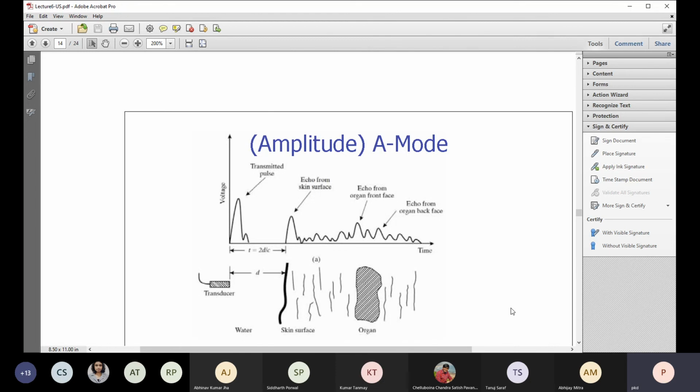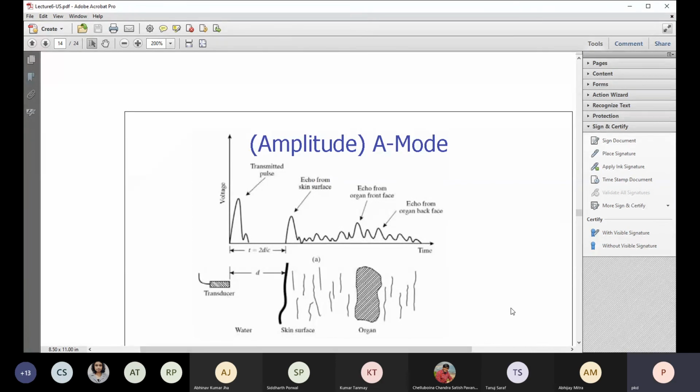Now there are several ways imaging can be made. The simplest kind is that we put a transducer at a particular position, launch a pulse, and then monitor the amplitude of the reflected pulses.